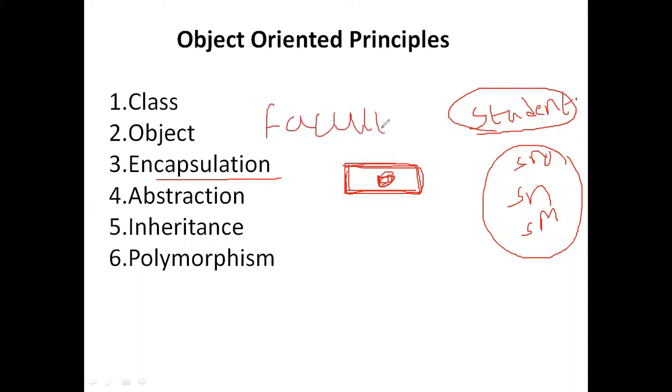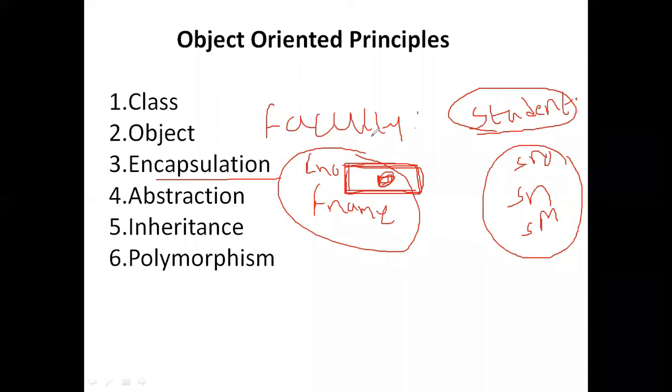The faculty number and faculty name are attributes that belong to class faculty. Encapsulation is nothing but wrapping up of data into a single unit. The faculty number and name belong to the faculty class, and the student number, student name and student marks are related to class student.